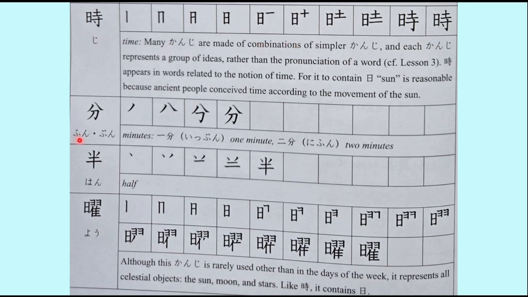Next is fun or pun. So as you know, this is used to represent minutes. So this is ippun. If it is 1 minute, we call it ippun. And then we have nifun, that means 2 minutes, and so on. We have learnt in this lesson before how the reading changes, how there are exceptions, and what the rules are to read this character.